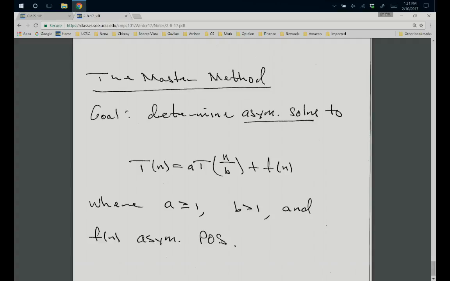Let T of n be defined by T of n equals a T of n over b plus f of n.